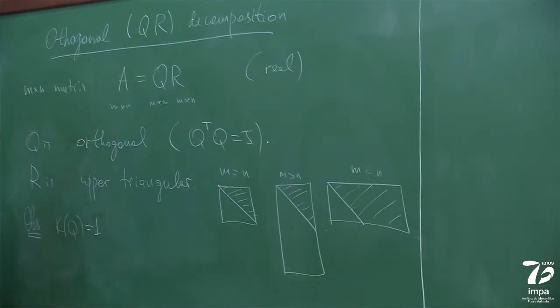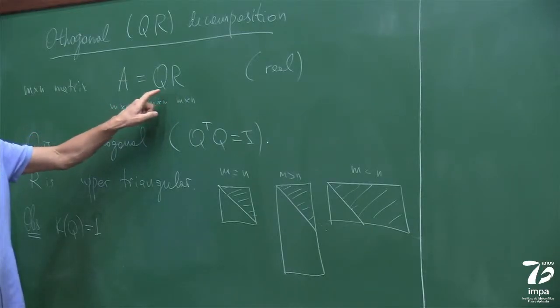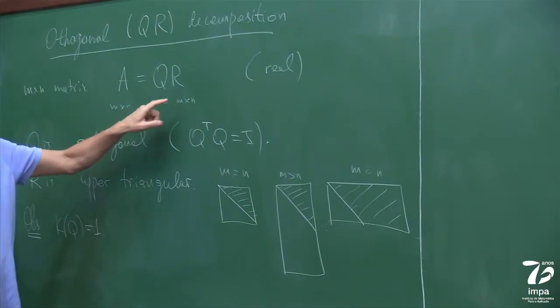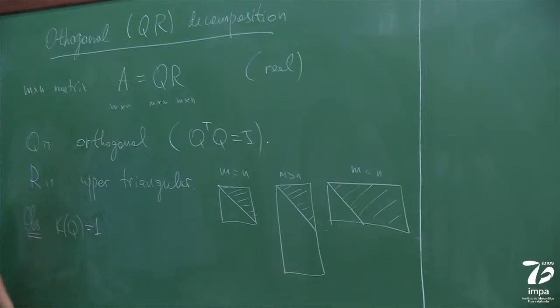So this is a very good situation, because every time you factorize the matrix into two parts, you lose precision, because you multiply something. And we know that the error is amplified by the condition number. So when Q is orthogonal, the condition number is 1, so we essentially do not lose anything.